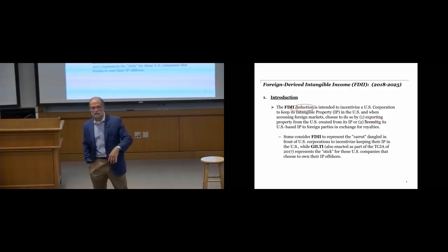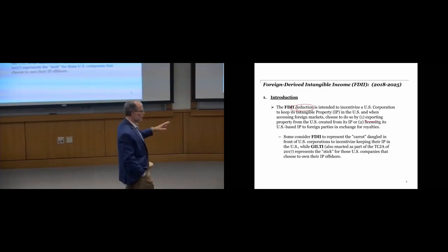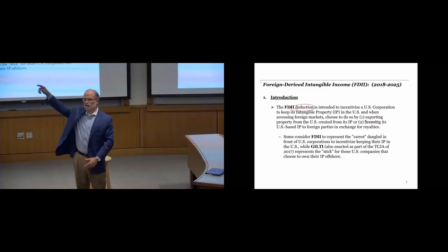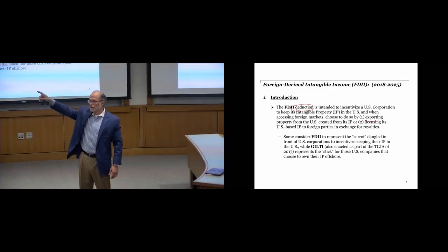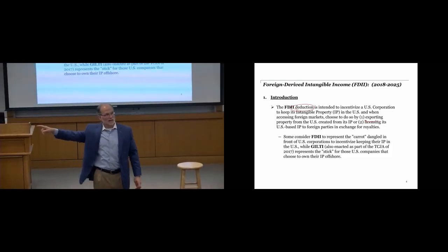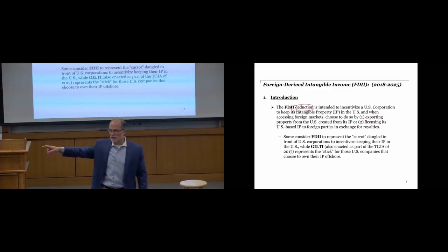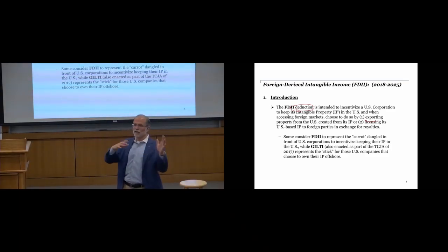Right? Companies suing companies all the time about infringement on that intellectual property. If you hold intellectual property offshore, you're not in the U.S. judicial system. There may be less protections. It may be more difficult to enforce your protections. And so all things being equal, they might want to have it in the United States.